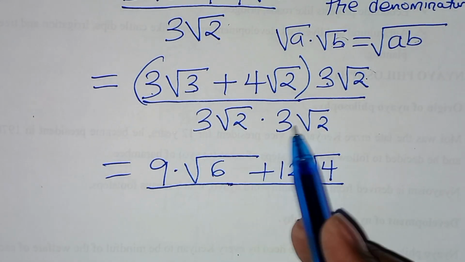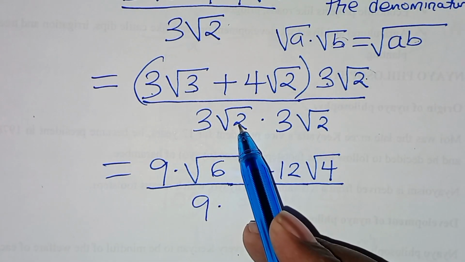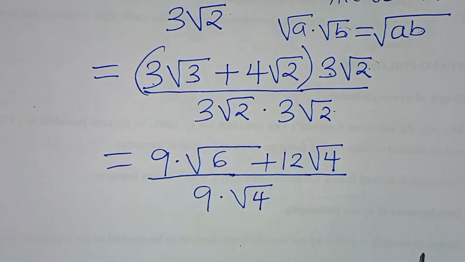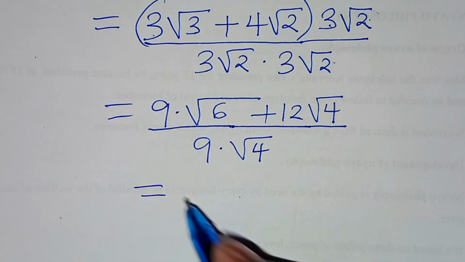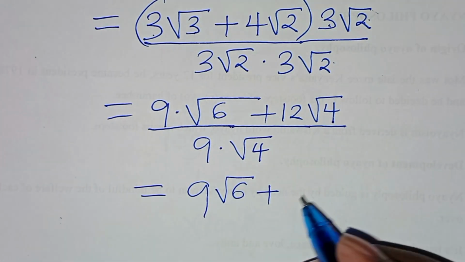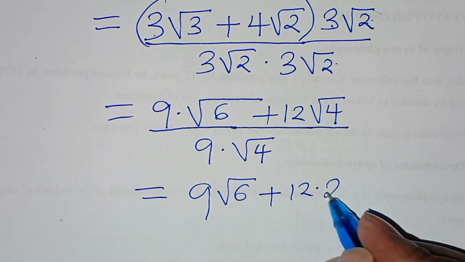Divided by 3 times 3, which is 9, multiplied by the square root of 2 times the square root of 2, which is the square root of 4. So here we have 9 square root of 6 plus 12 times the square root of 4, which is the same thing as 2.